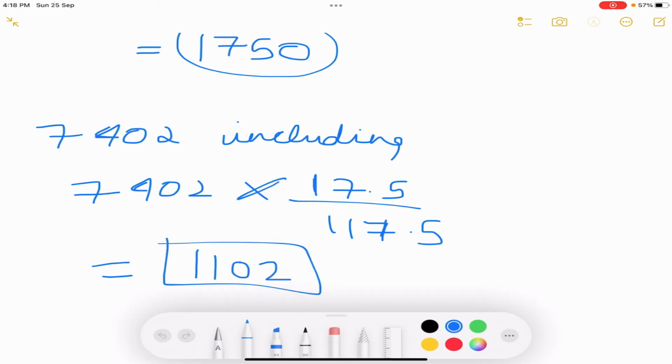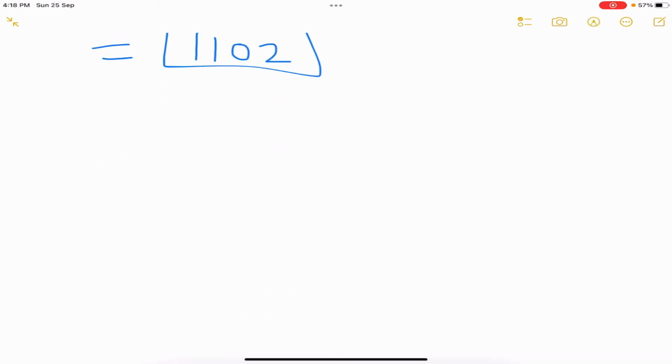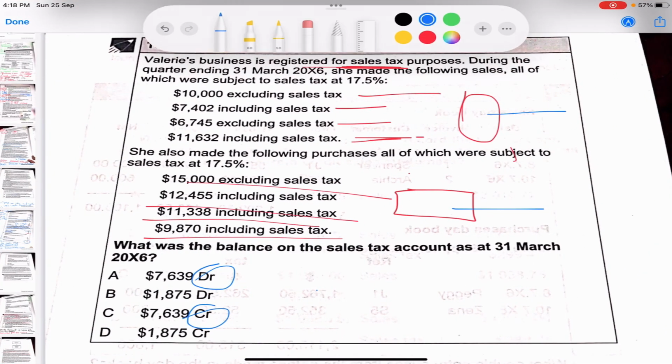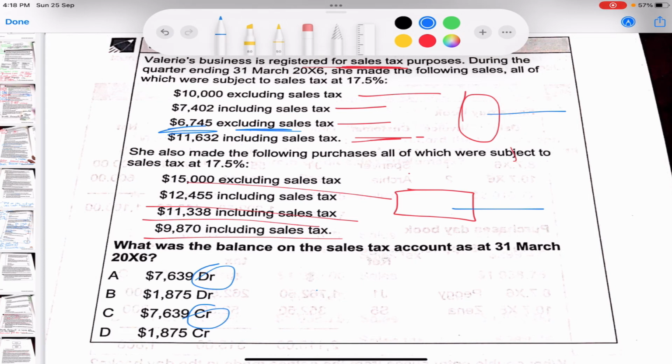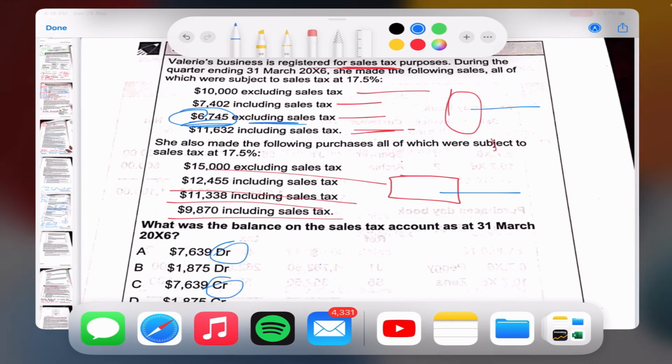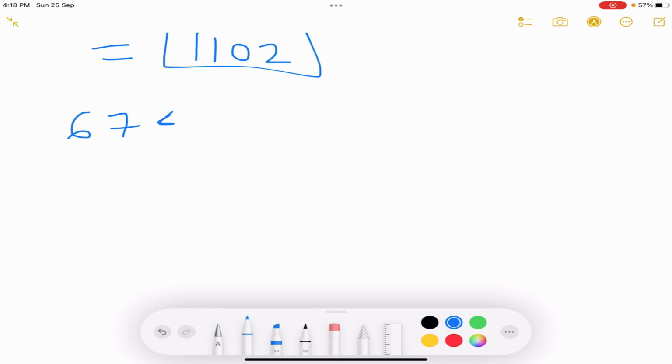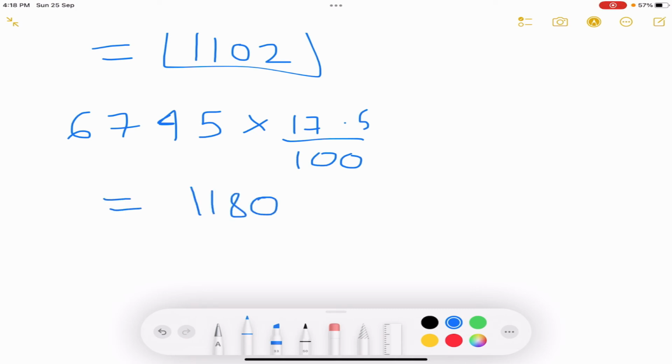Okay, now let's move on to the third one, which is 6,745 excluding. So here it is again excluding, and what do you do in excluding? It will be rate upon 100. So it will be 6745 into rate upon 100, which will be nothing but 1180. Let's write that too.